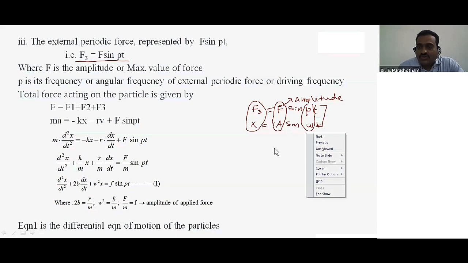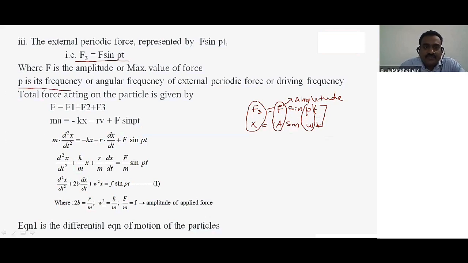So here also, small p is the angular frequency of the external periodic force, or it is also called the driving frequency. If a car is moving, the driver is driving continuously, and at the same time the body is vibrating.